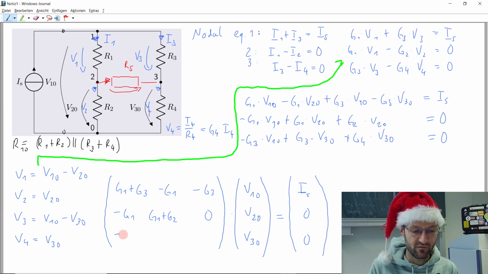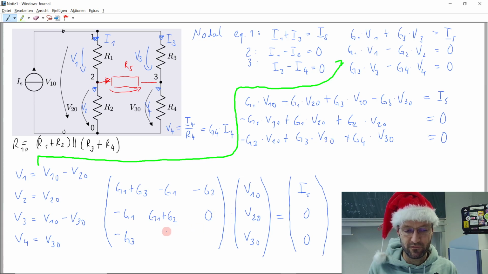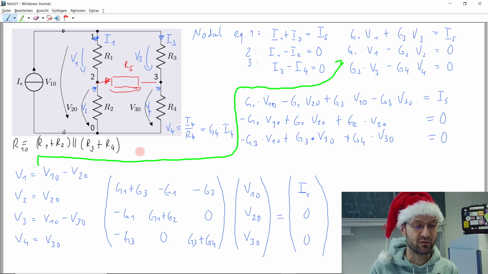So we have minus G3, then nothing that relates to the second nodal voltage, but G3 plus G4 multiplied with the third nodal voltage. So this is the set of equations we obtained for this circuit using nodal voltage analysis.